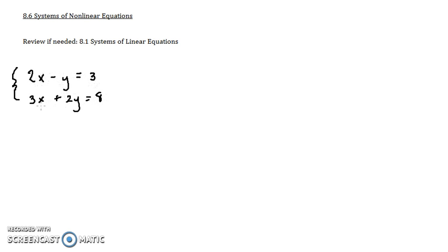So we might have revenue and profit, or cost and profit, something like that. These two equations are happening at the same time. What we want to do is find the solution, and the solution will be the x and y values that match both equations. That means the solution is the intersection point.